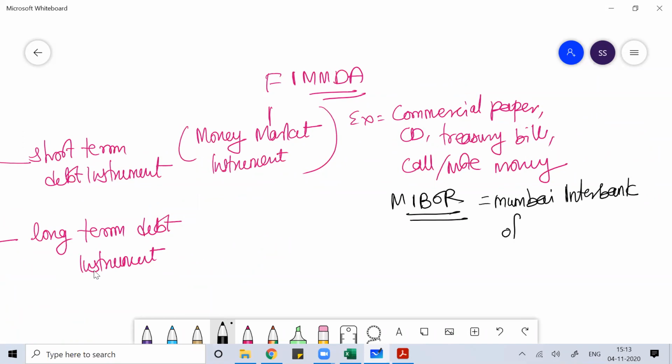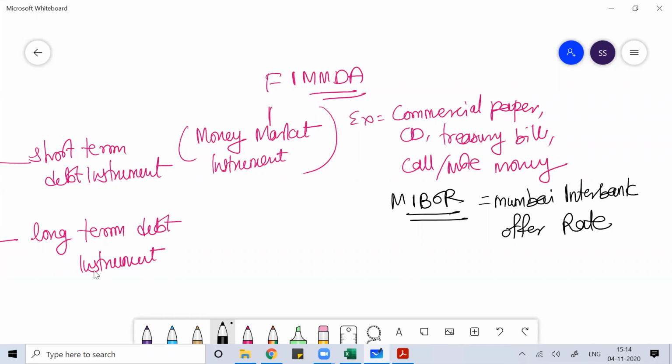Every day in the morning, the RBI looks at the rate at which the banks borrowed and lent among themselves one day back, determines the weighted average of that, and that is called MIBOR. So for today's borrowing and lending, MIBOR would be considered as a benchmark rate.